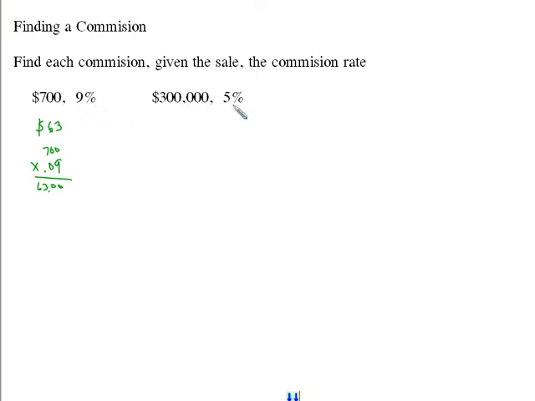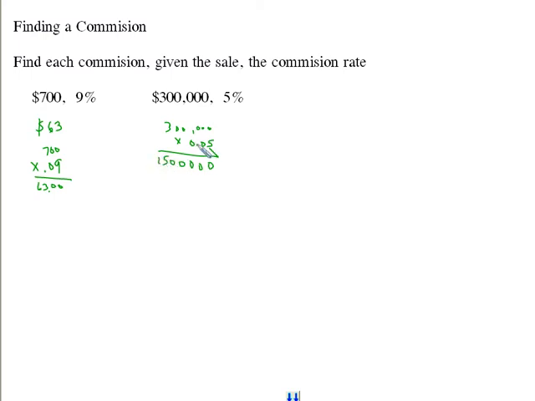Now, if you are a real estate agent and you sell a house, you can make like 5% commission sometimes on these houses. So you can understand why someone would want to work at this, and even if they just sell a couple of houses a year, they can make a good amount of money. So again, as a decimal equivalent, 0.05 times 300,000, and then we got 0, 0, 0, 0, 0, and then 15 over here.